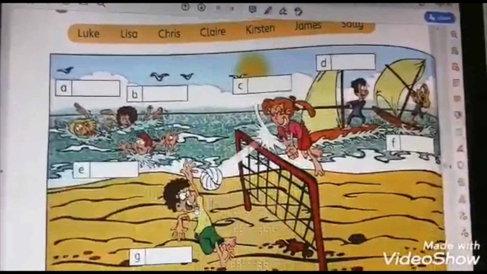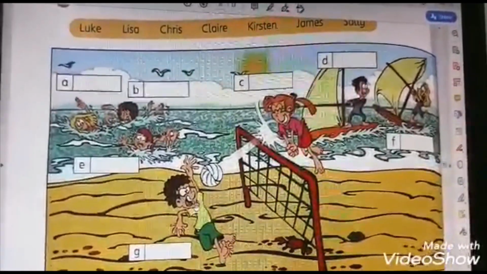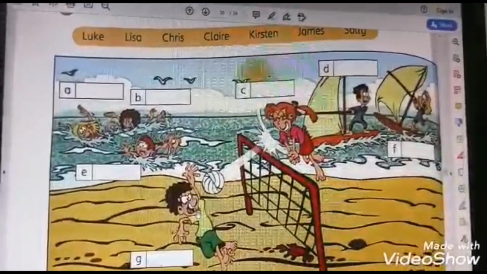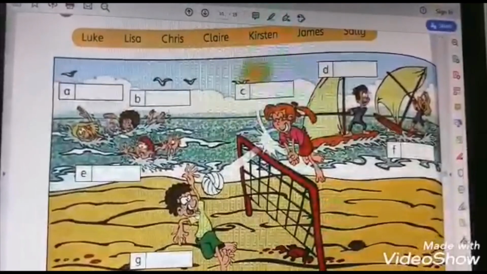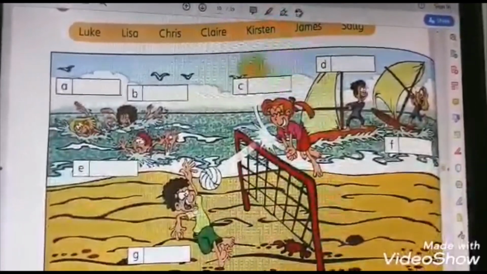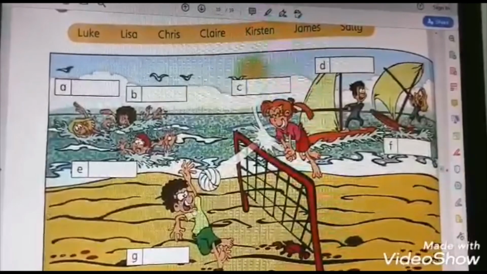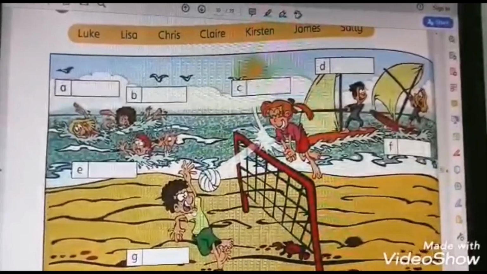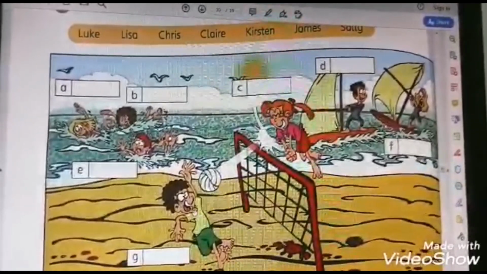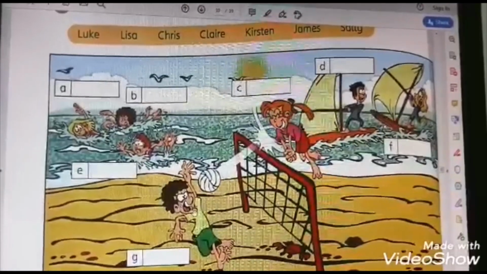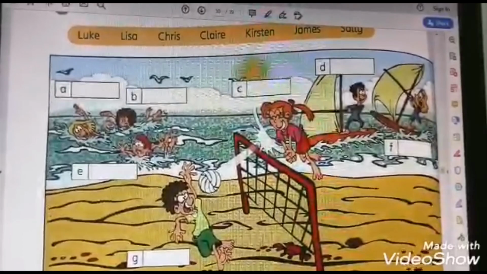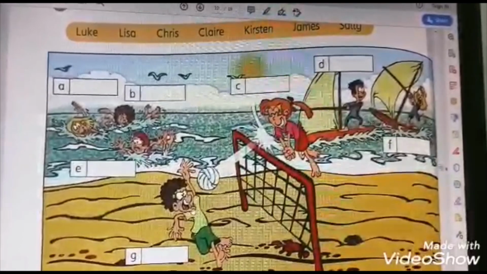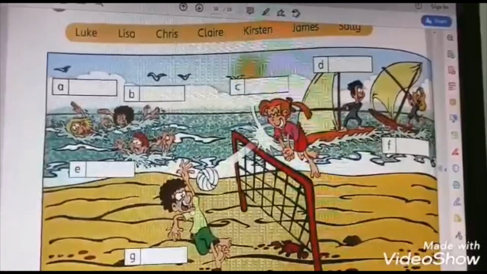2. Who's the girl that James is playing volleyball with? That's Lisa. She's really good. Yes, she is. Lisa loves volleyball. I see. 3. I like windsurfing. There's a boy and a girl windsurfing over there. The blonde girl is Claire. She's really bad at windsurfing. Well, Claire's still learning. 4. The boy with Claire is very good. Yeah, Luke started windsurfing 2 years ago. Is he teaching Claire?